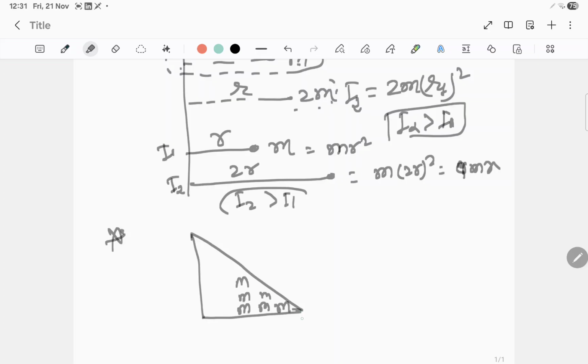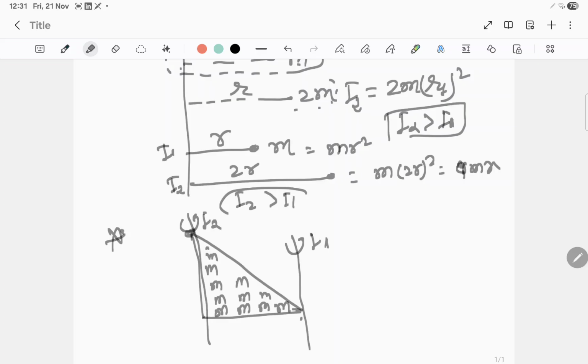As we go from the lower end to the upper end, their mass distribution increases, and we want to find the moment of inertia about two axes. This is I1 and this is I2.